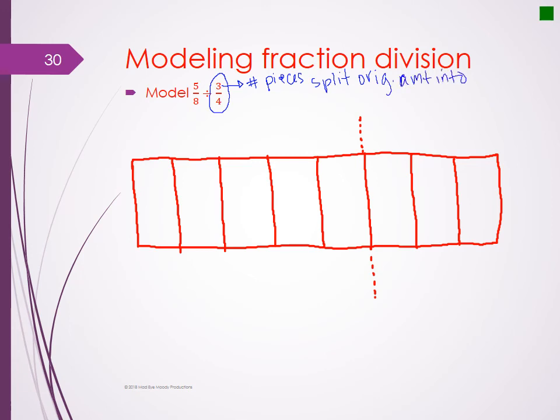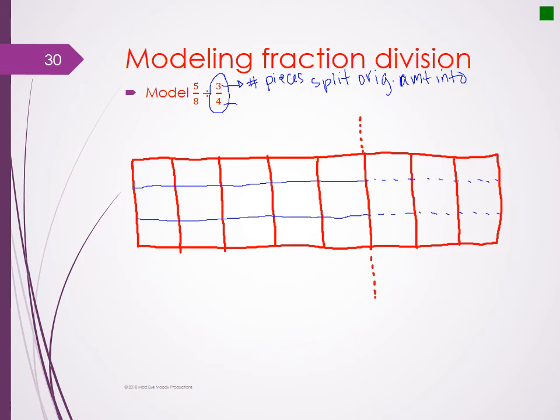So our original amount is 5/8 of the whole. So I'm going to split this amount into 3 pieces. So here is 1, and I'm going to continue this way because we have to figure out compared to the whole. And now I have 3 pieces. I've split those 5/8 into 3 pieces.